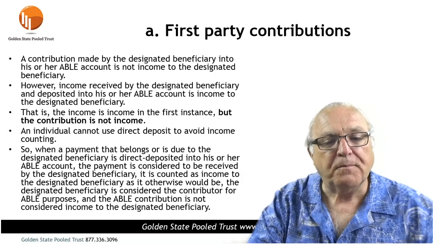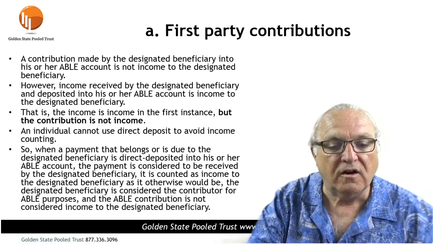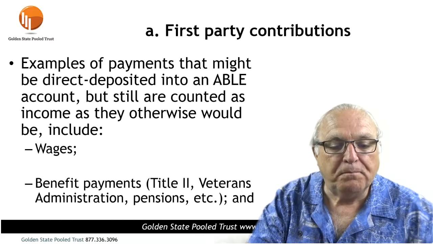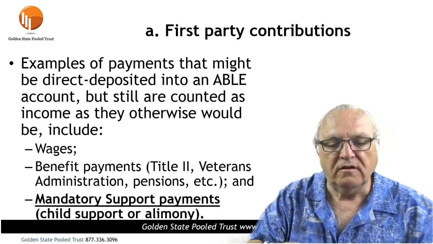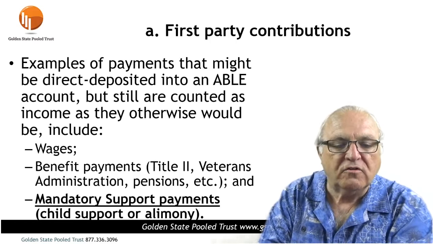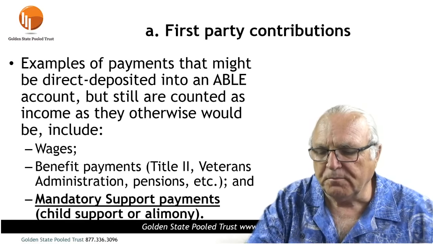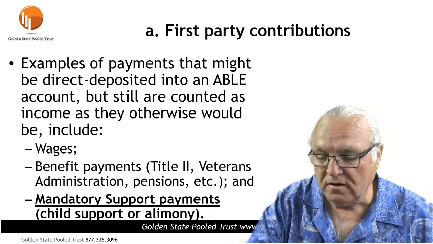So examples of payments that might be direct deposited into an ABLE account but still are counted as income as they otherwise would be are wages, benefit payments, and mandatory child support or spousal support payments. Once again, as we go through the examples, we'll show you a workaround where you might be able to do it anyway.